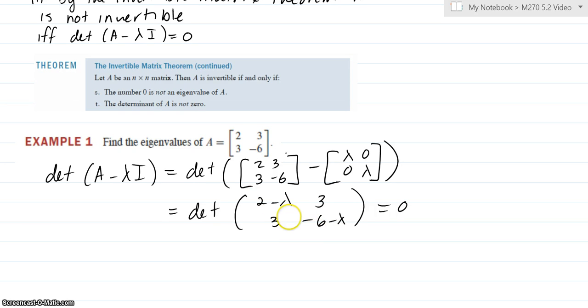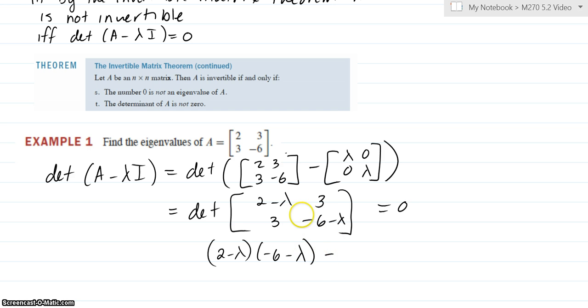So to find the determinant of this, I should probably keep it a matrix. And then what do we get? We know A times D, the formula for a 2 by 2, minus B times C. This is called our characteristic equation.